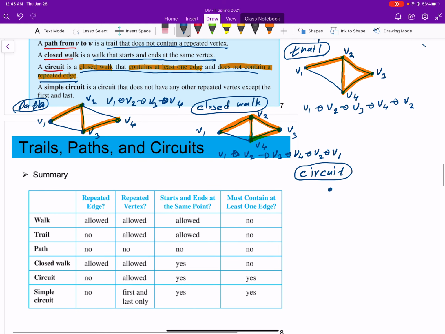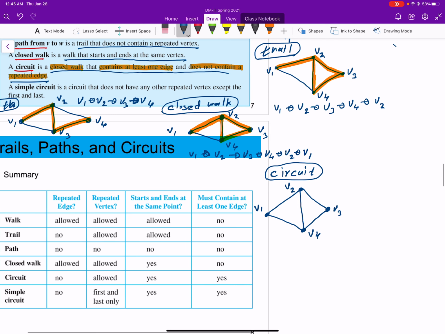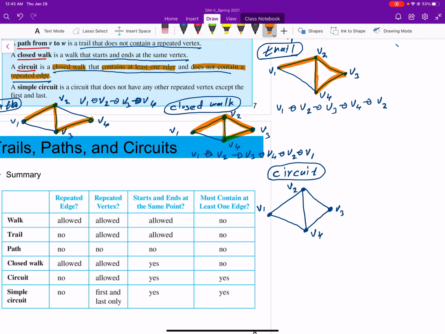So this is an edge, vertex, vertex, vertex, vertex. 1, 2, 3, 4. From here to there, there to there, there to there. So now it should be a closed walk. That means you start and end at the same vertex and contains at least one edge, does not contain repeated edges.